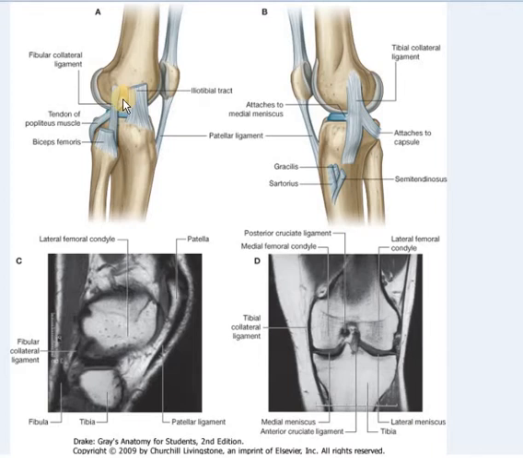This popliteus tendon passes from the groove which lies on the lower part of the lateral femoral condyle. So this ligament, the fibular collateral ligament, is attached just above the groove for the popliteus tendon in the femur bone.